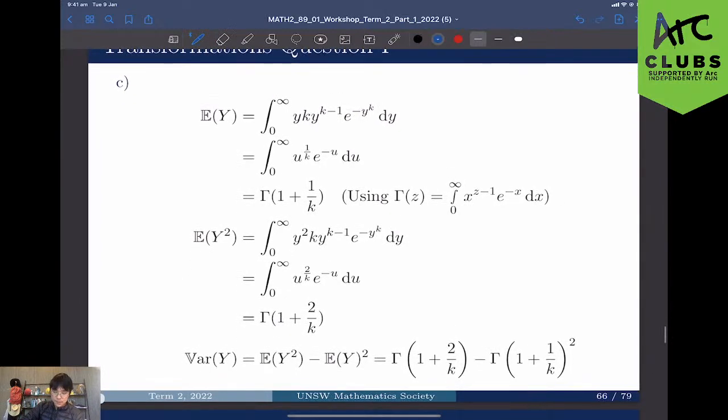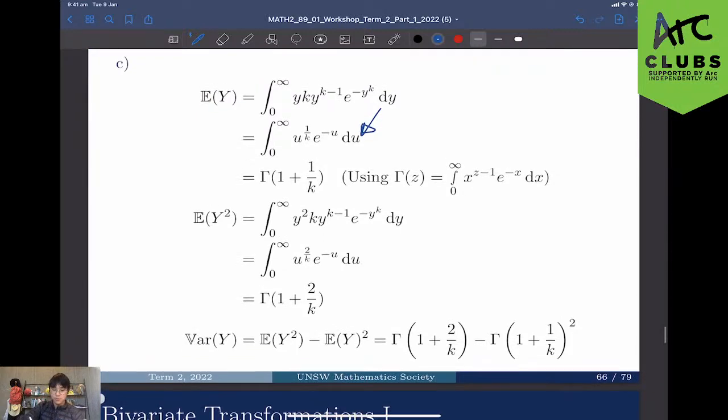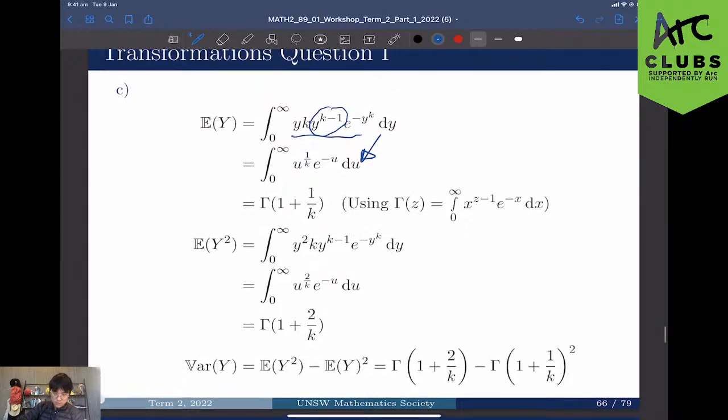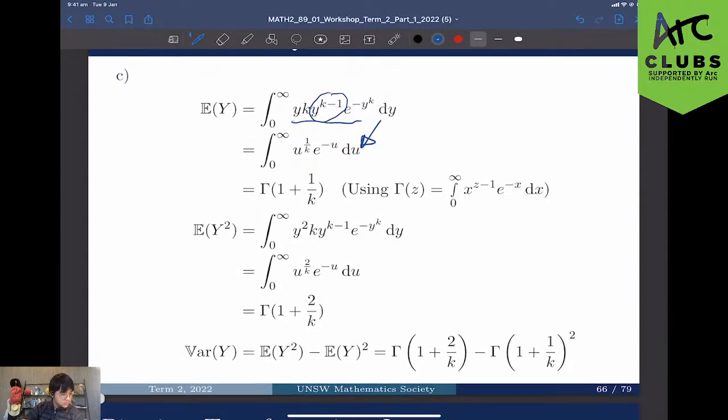And then we have to make a substitution. When we observe what we have here, we see something to the power of something, and we have e to the power of something. That should get your eyes open and make you think about the gamma distribution, I think.